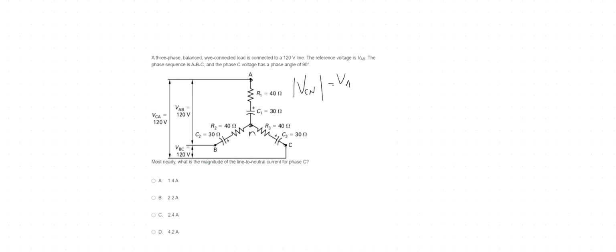But whatever the case, it's gonna be VA, what? You could say VCA. What's VCA? Divided by root 3, right? Should be that 120. 120 over square root of 3.